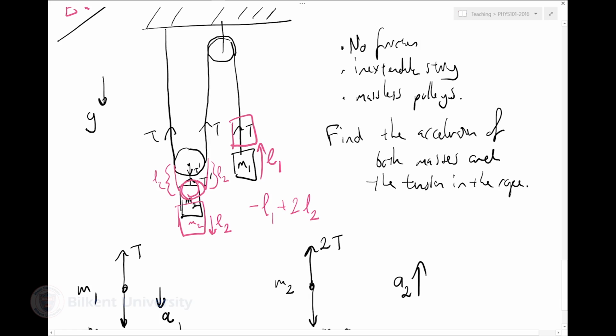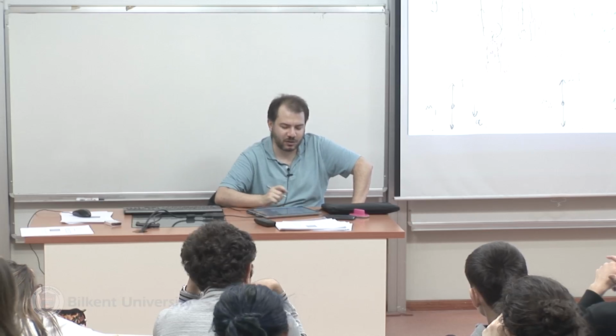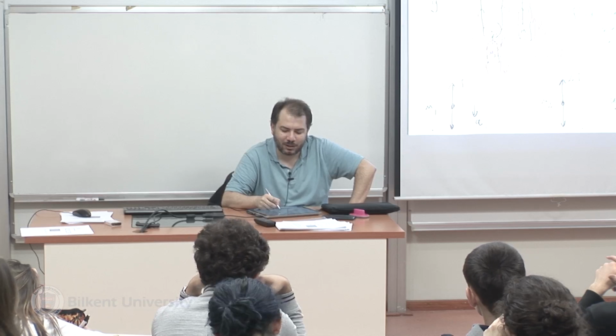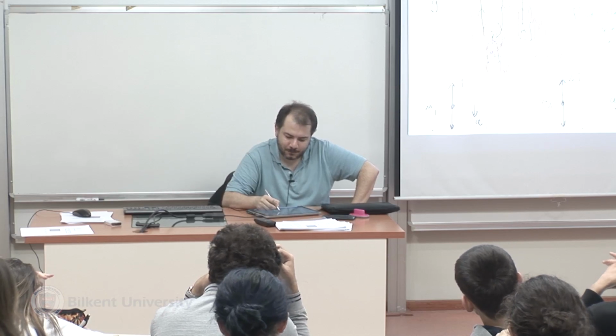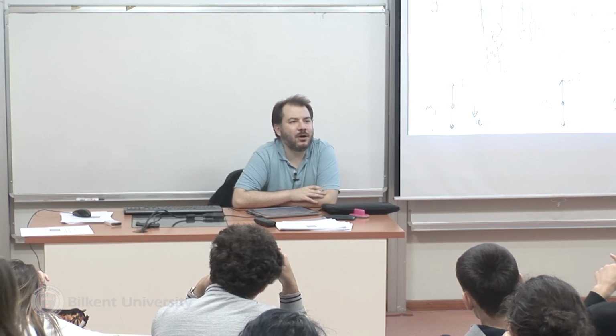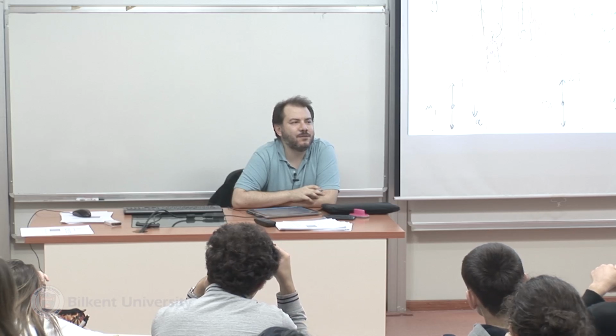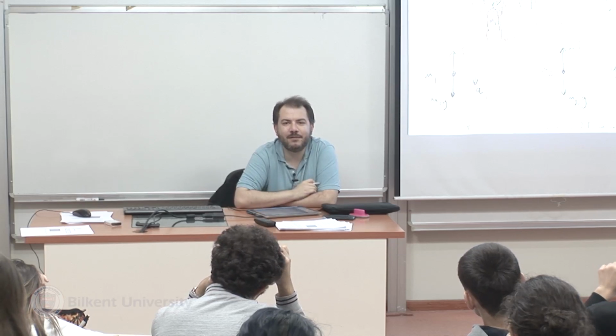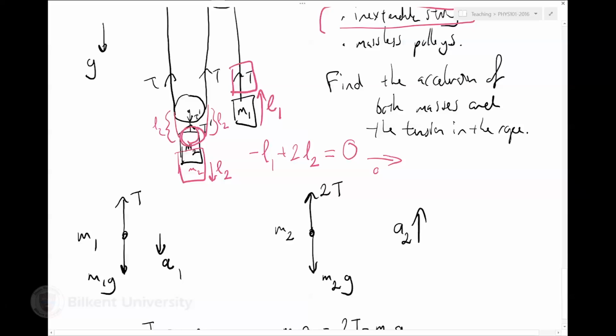What am I talking about? Here, I said it's an inextendable string. So it actually does not stretch. Which means L1 plus 2L2 must be 0. Now, what happens if I take a derivative of this relation with respect to time?